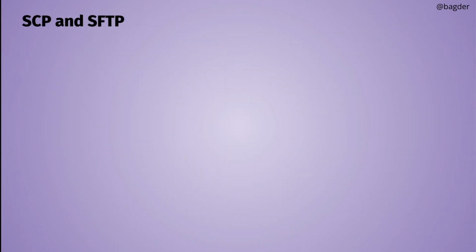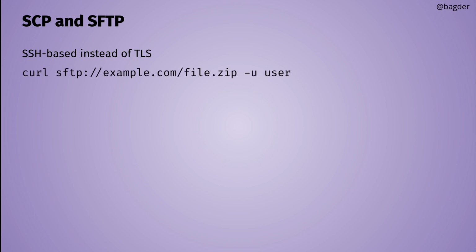You can use curl with a lot of protocols, of course. I just want to highlight a few of them that are a little particular, because SCP and SFTP are a little bit different from many other protocols. They're not based on TLS, they're based on SSH, which makes them different because they don't use the CA system, for example. You use it just like any other URL, and in this case you're telling curl which username it should use.